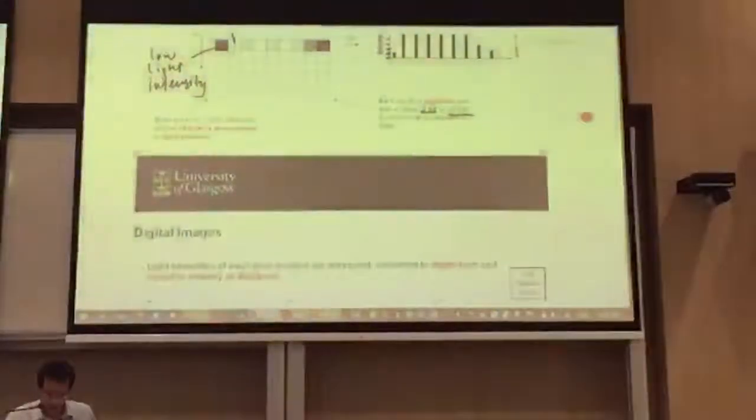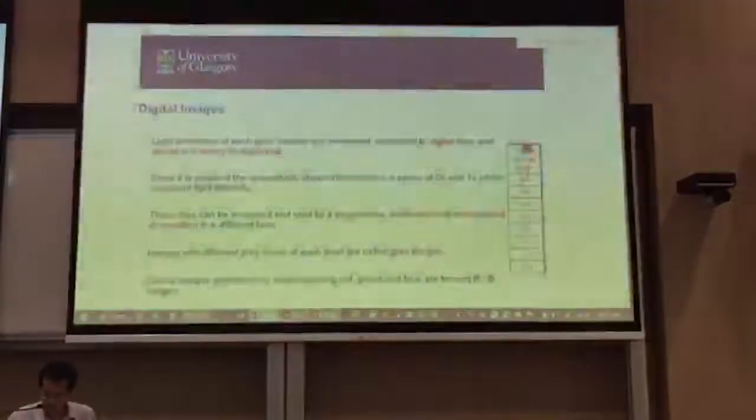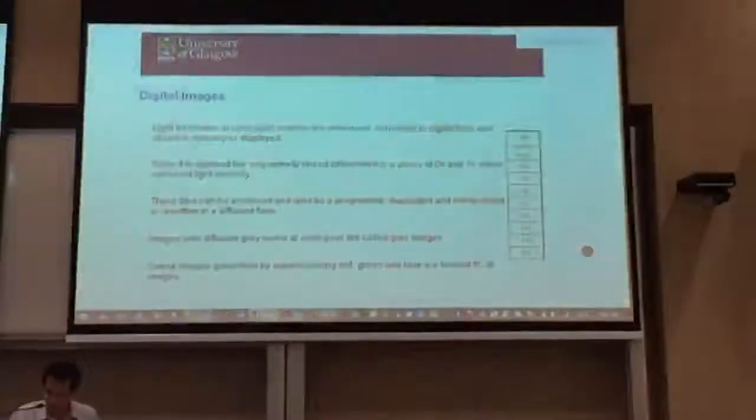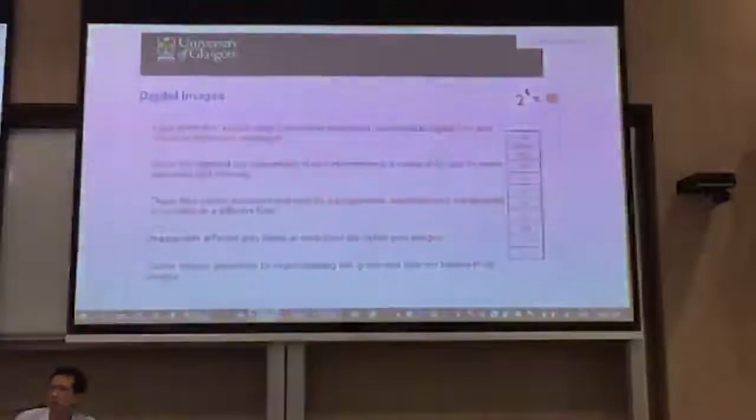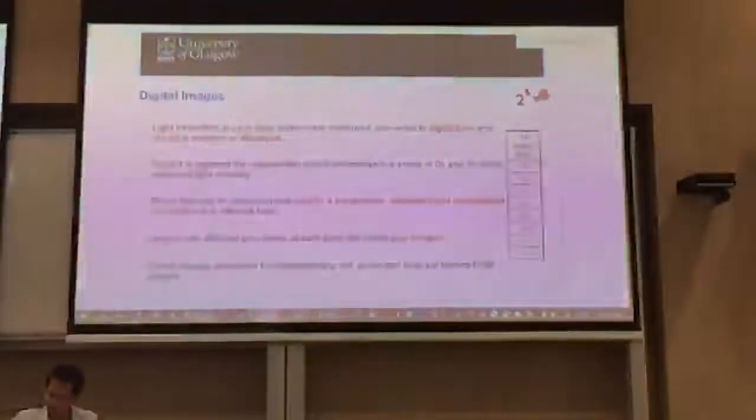So the digital images we're talking about are 8-bit or 16-bit. Let's have a look at a simple one first, a 3-bit image. For a 3-bit image, that's 2 to the power 3, which gives you 8.